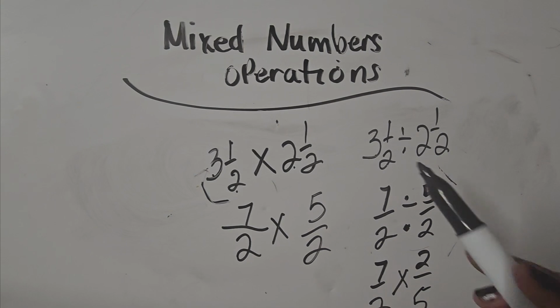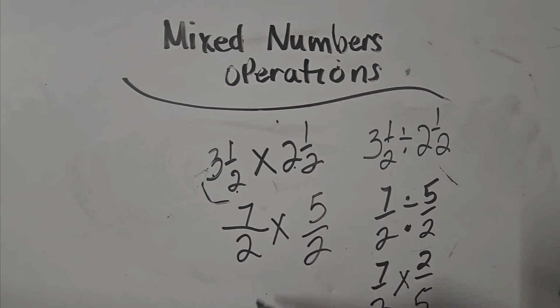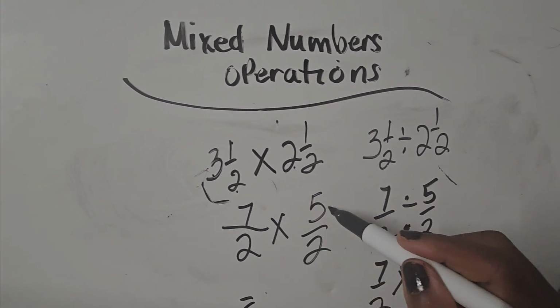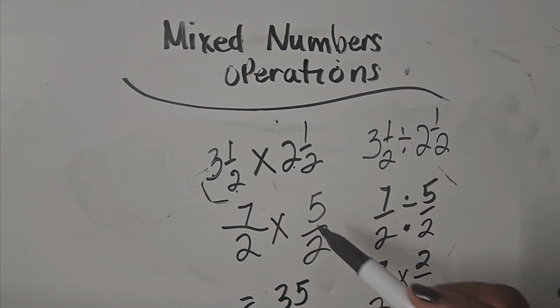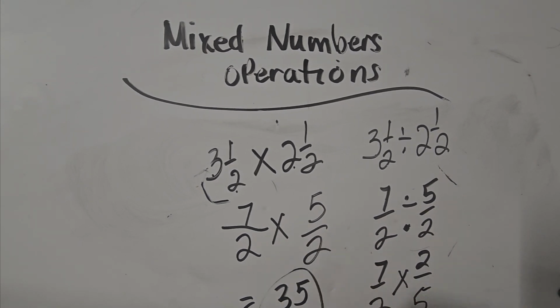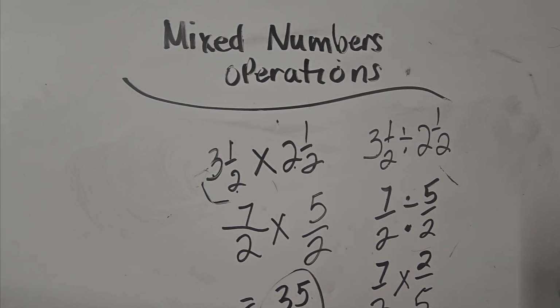Now, let's go back. So here you would also solve, you would say 7 times 5. 7 times 5 is 35, and 2 times 2 is 4. And again, the answer is improper. You could narrow that down. 4 goes into 35 8 times. 8 times 4 is 32.